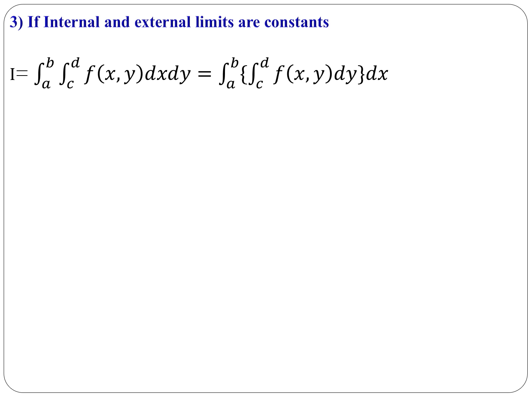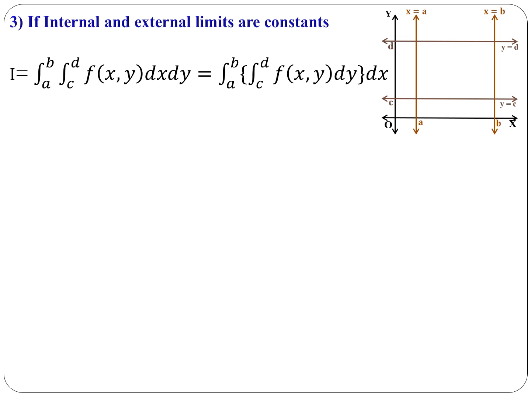What is the geometrical representation for these limits? I will tell you on the graph. It is the x and y axes, and the y limits are given as c to d, so here we put the limits for y, c to d, and the x limit as a to b. Then it is a rectangular shaded area. Here in this integral we are integrating f(x,y) over this shaded area.